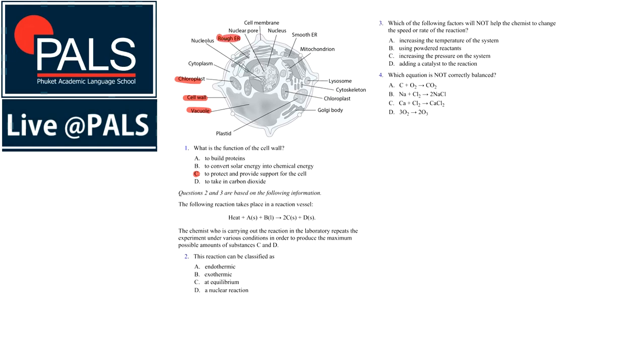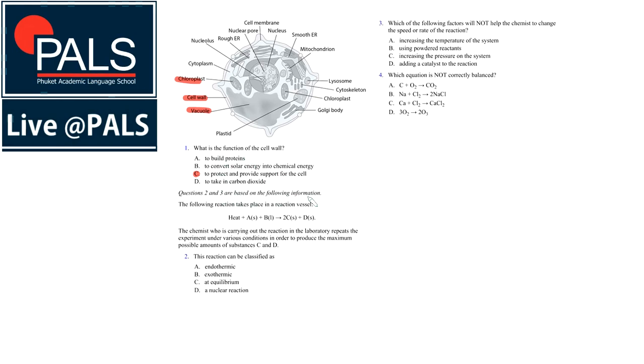We have a rough endoplasmic reticulum, and on the surface of the rough endoplasmic reticulum are ribosomes. So this is where proteins are built. Convert solar energy into chemical energy. This is called photosynthesis, and this is done at the chloroplasts. So cell wall protects and provides support to the cell.